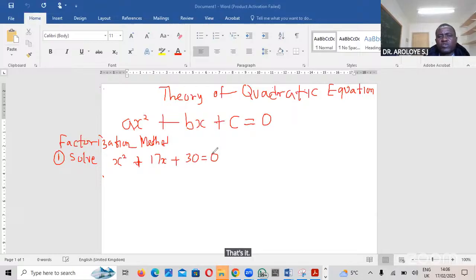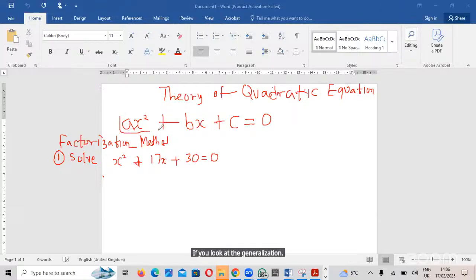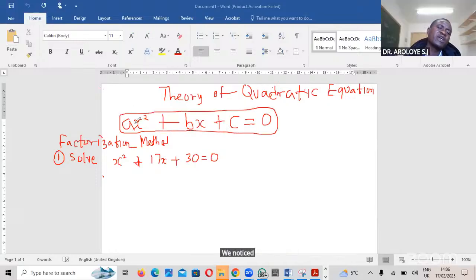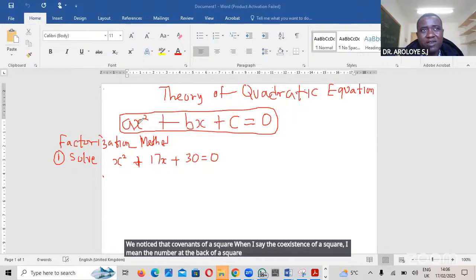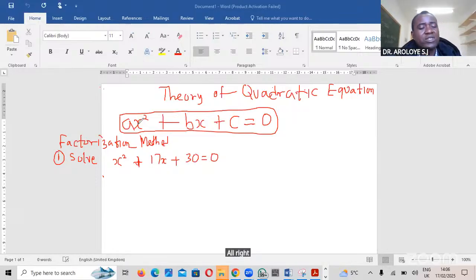The first thing for you to do, if you look at the general equation, we notice that the coefficient of x squared, I mean the number at the back of x squared, is a, because a is a constant.